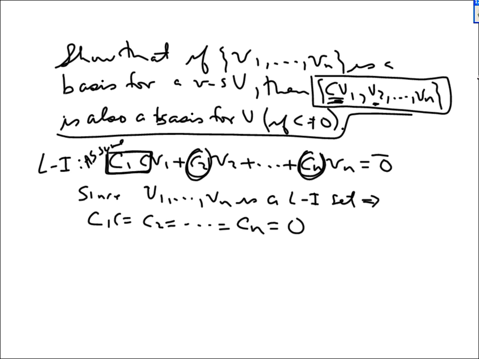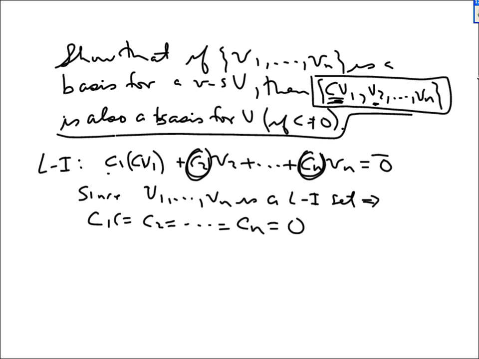Maybe what I should have done, just slightly different, just emphasize what's going on. It is C1 times the first vector, which is CV1.